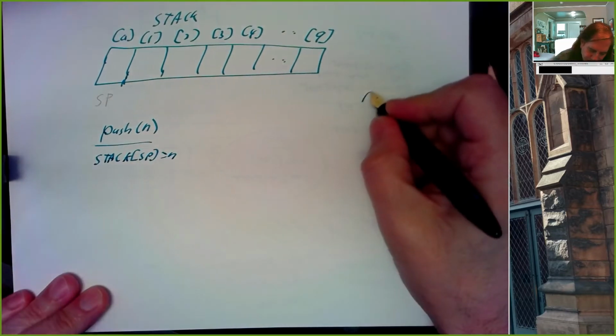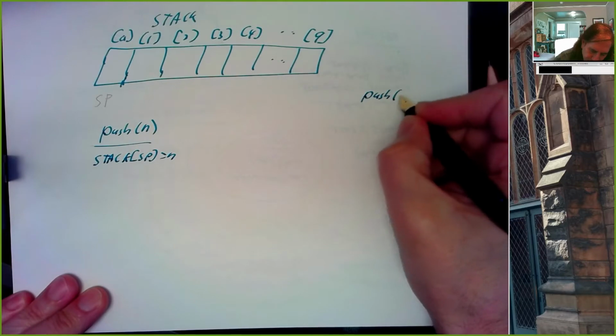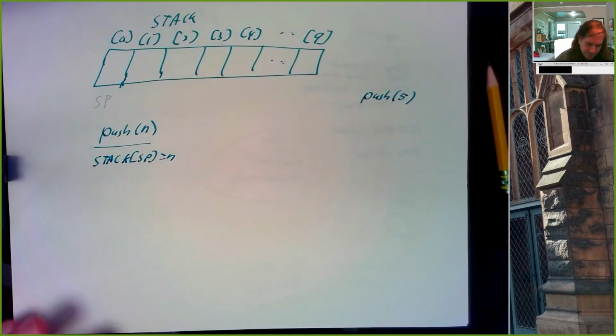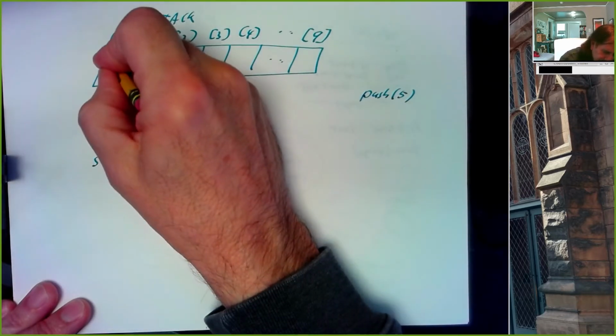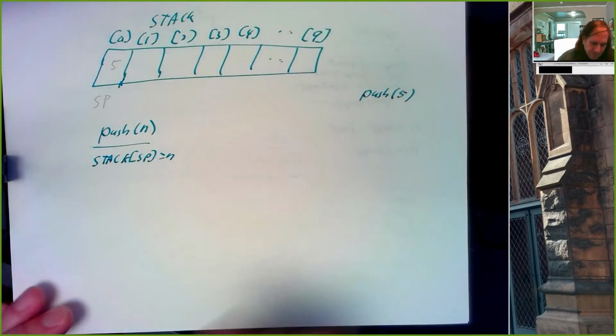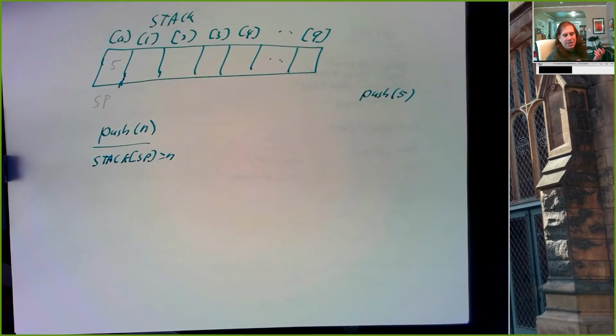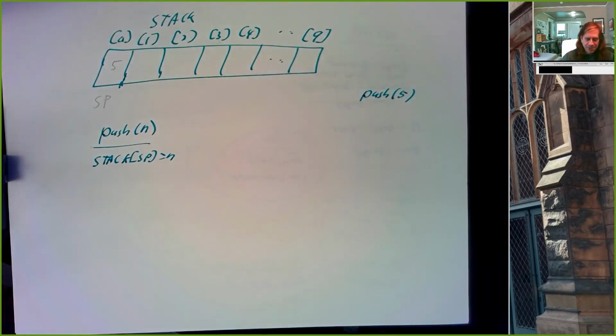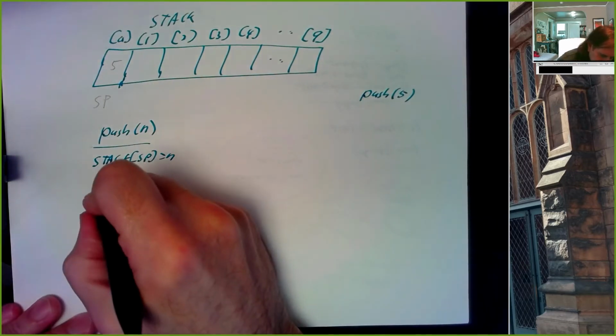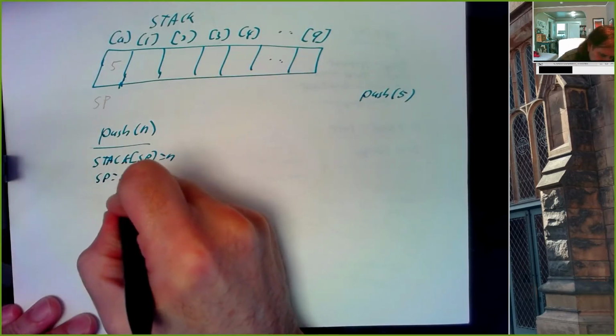So if I say push a 5, that's going to take a 5 and store it at location 0. And then when we're done, we have to increment SP so that the next time we push, it doesn't overwrite the 5, it goes into the next location. So we'll say SP equals SP plus 1.